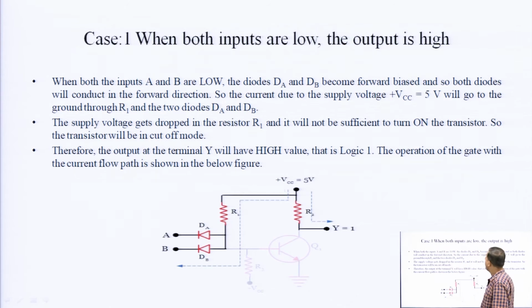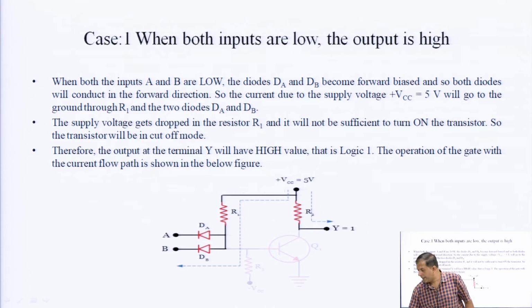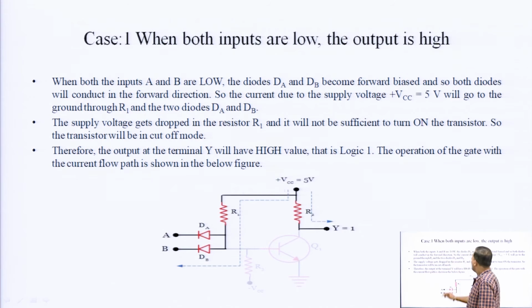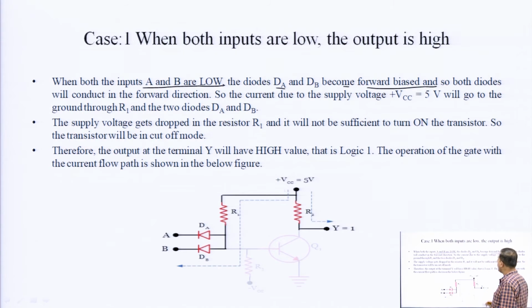So, we will take case 1, when both the inputs are low. What is happening at that time? When both A and B are low, the diodes DA and DB become forward biased, because this is plus and this is minus.